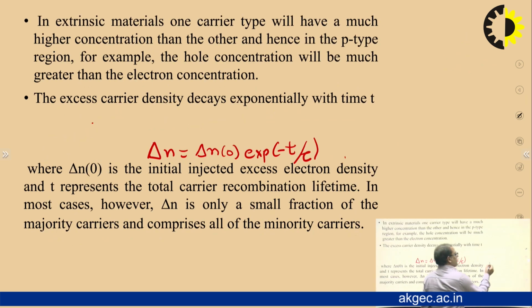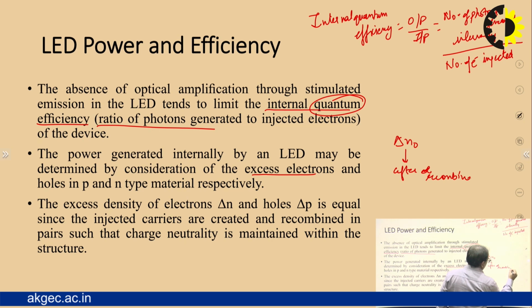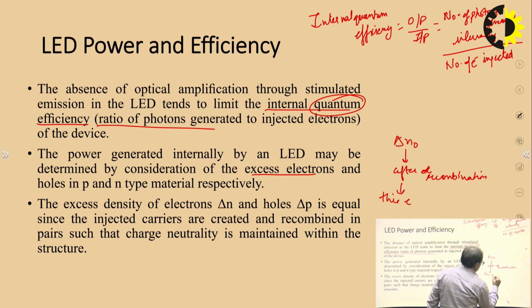And after recombination, this excess electron density which we injected into the p-n junction diode, in the LED, will decay on recombination.